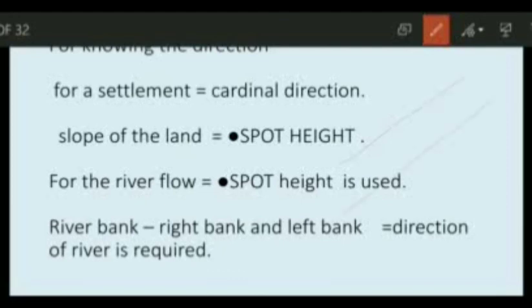Suppose this is the direction of the river. From here it is in the northeast direction. Now you will stand here in between, facing towards the northeast. So this will be your right hand bank and this will be your left hand bank. It can be opposite also.